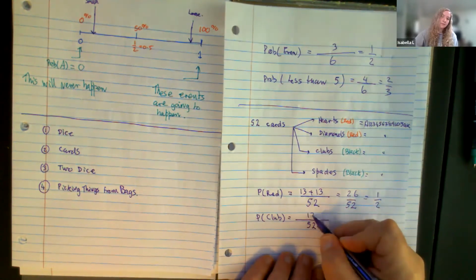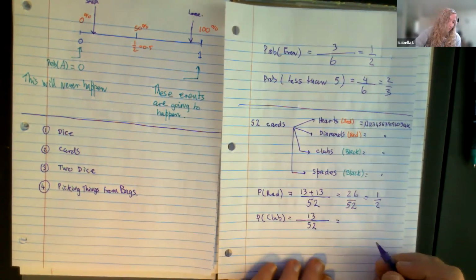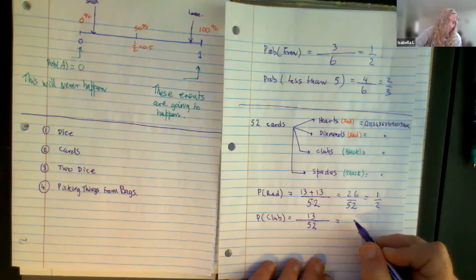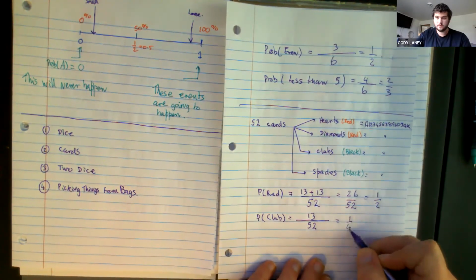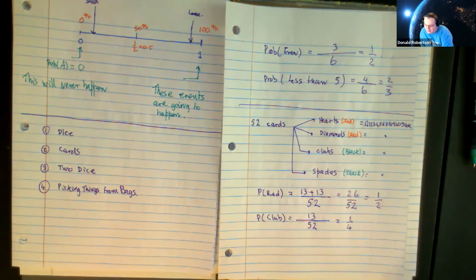And what does that simplify down to? Quarter. Now that you see that, does that make sense that there's a 1 in 4 chance that you get a card and it's a club? Isn't there a 1 in 4 chance it's a heart, a 1 in 4 chance it's a diamond, and so on and so forth?